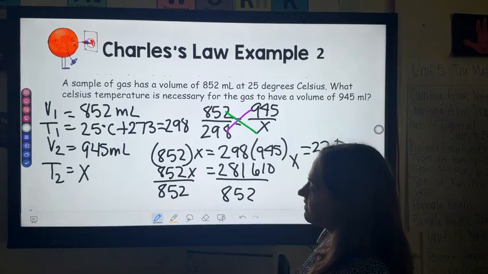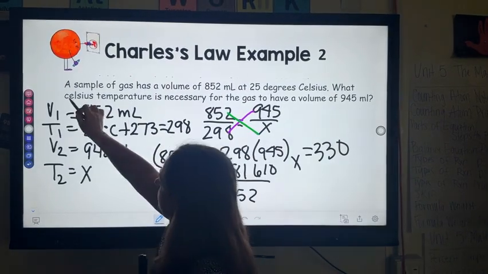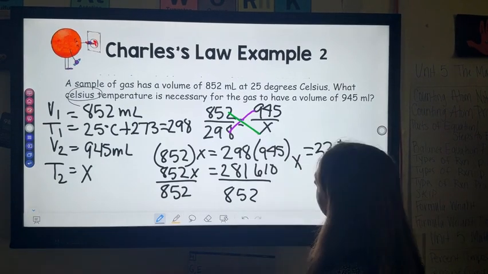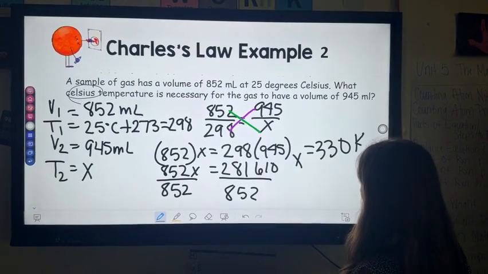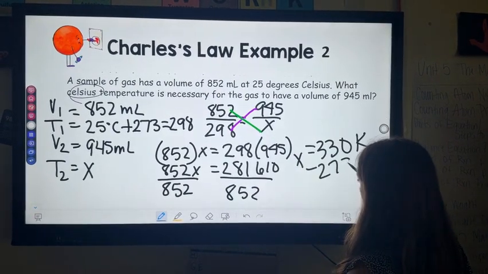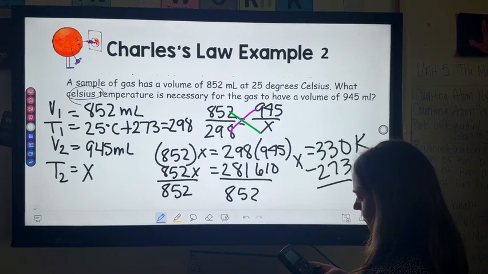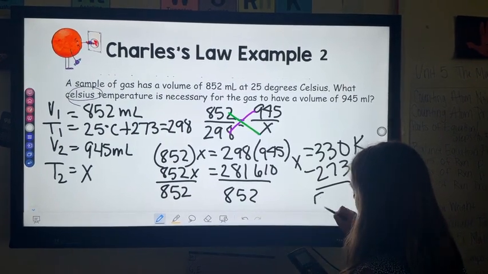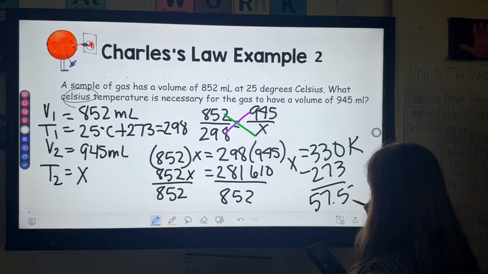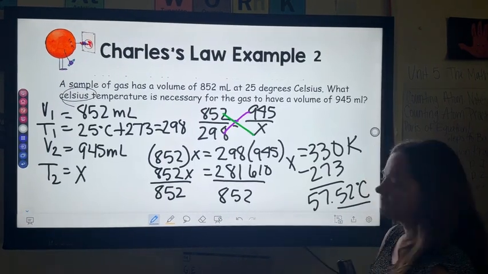Now it does say it wants the final answer in Celsius. If it wanted the final answer in Kelvin, we could keep it at 330, but since it wants Celsius, we need to subtract 273, and we get 57.52 degrees Celsius.